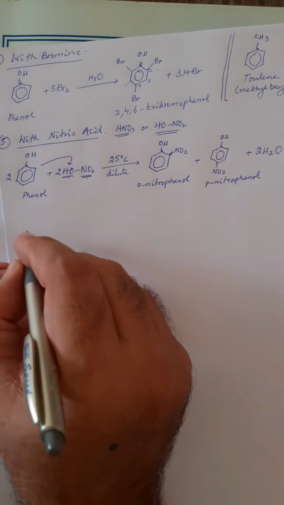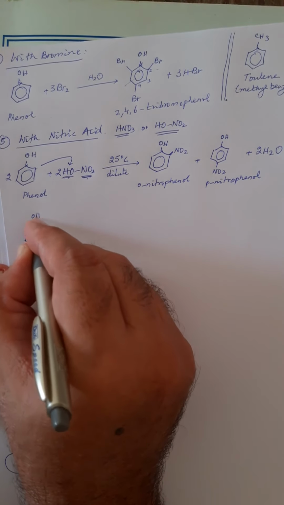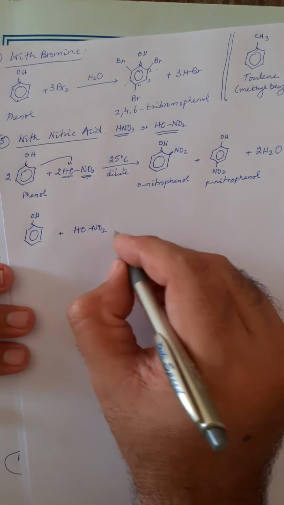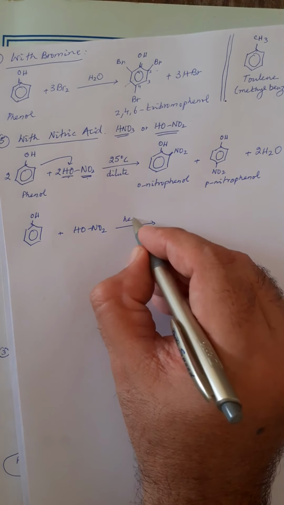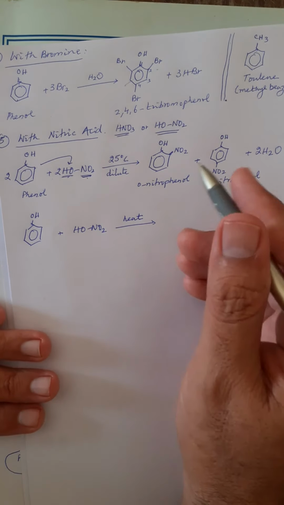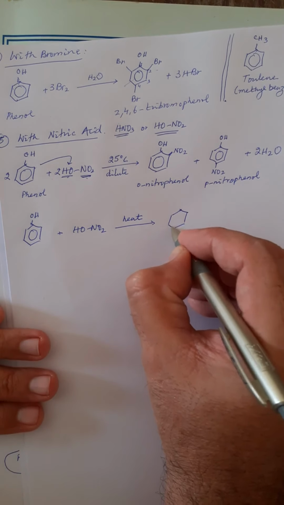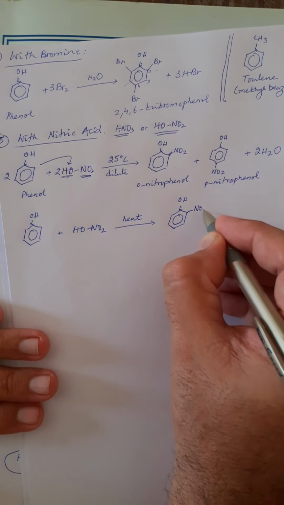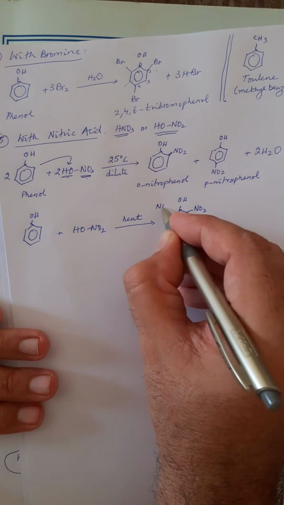Here, if you had taken phenol and again nitric acid, but at a slightly higher temperature, if you heat it above room temperature, the higher the better, unless the phenol boils, in that case you have an interesting product, and it is already discussed plenty of times before today. NO2 here, NO2 here, and NO2 here. So do you know what this is called?